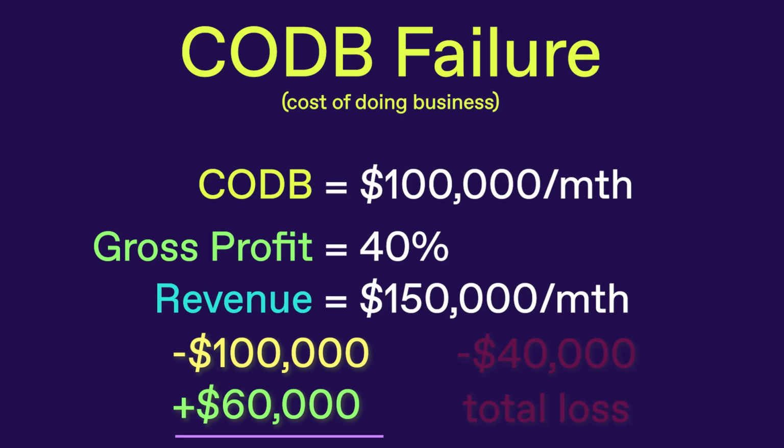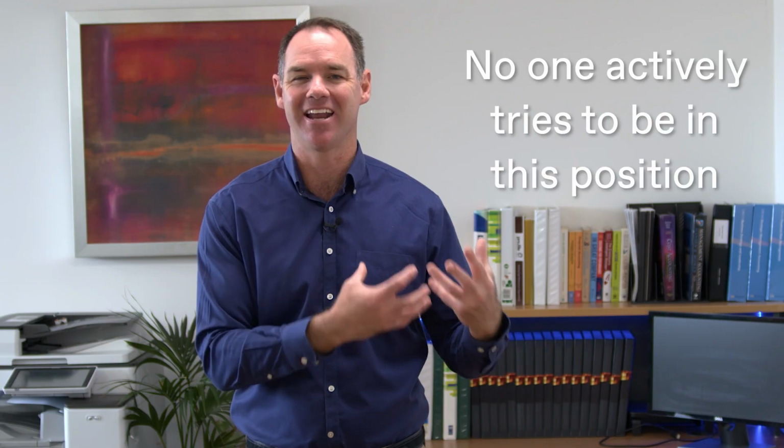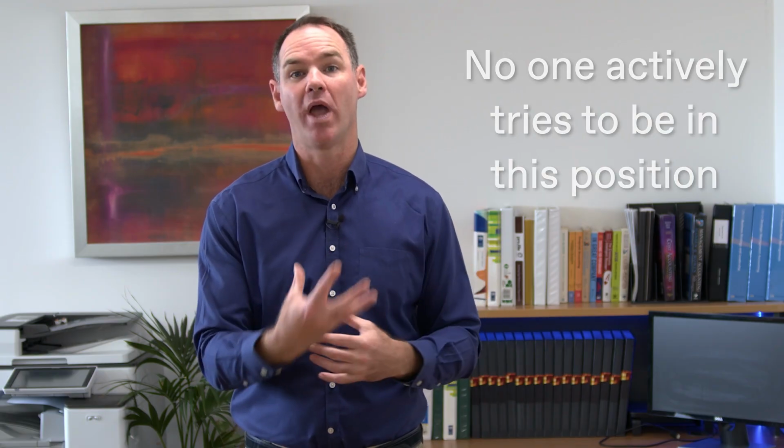Leaves you a loss of $40,000. That might seem painfully obvious, and you go, well, how on earth do you get to a position like that? Well, if it's any consolation, nobody actively seeks out achieving that objective. We're going to talk to you now about why and how that occurs.